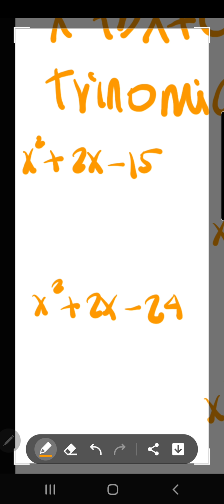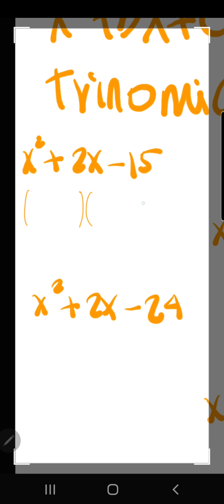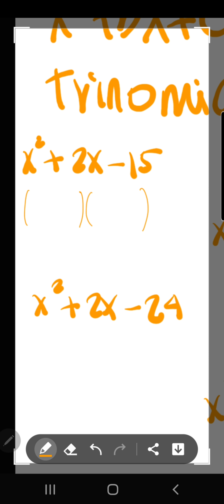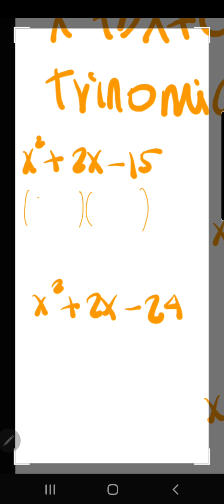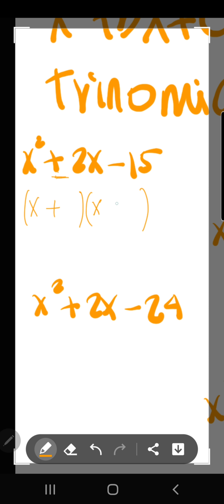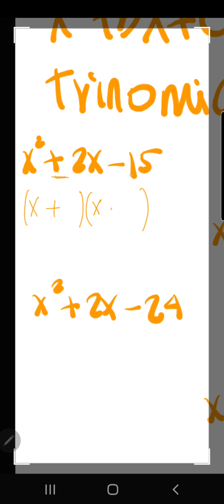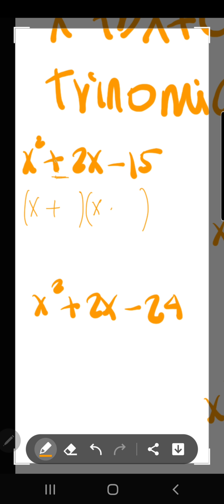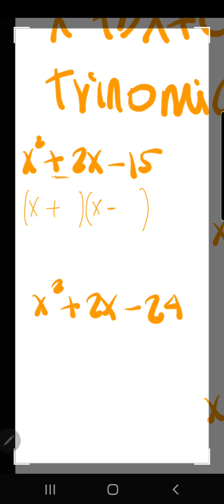So the way we are going to solve is you write parentheses, which means that there will be two factors, and then copy x in both parentheses. And then this sign must be copied, so plus, and for this sign here, you must multiply. Plus times negative is minus.